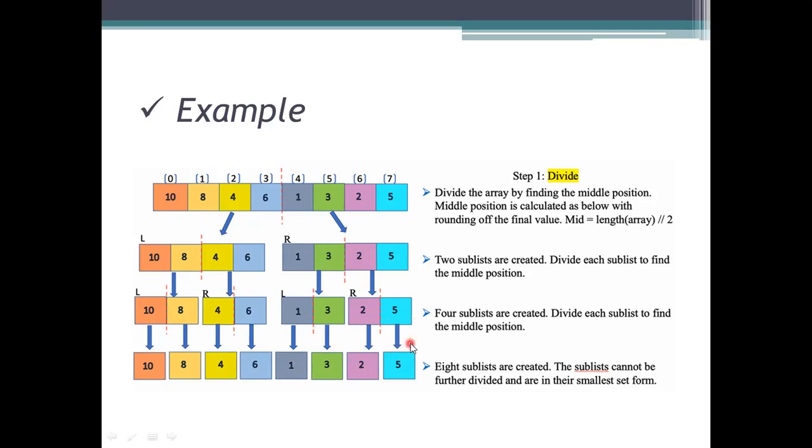We need to check whether any further division is there or not. There is no further division because a single element is there, so we are not allowed to process it further. This is the division.